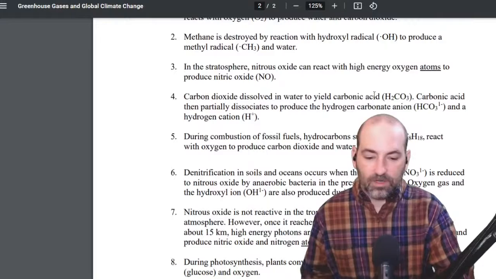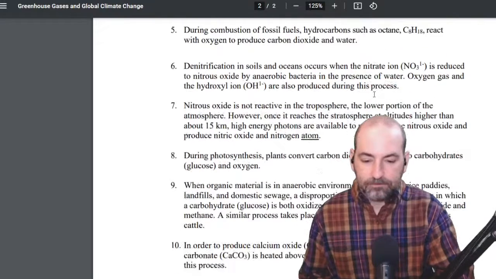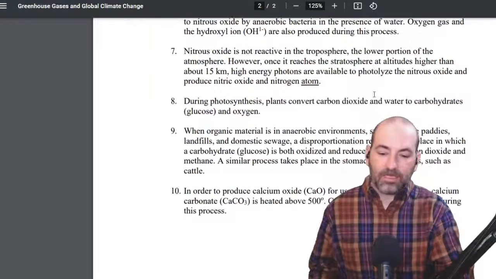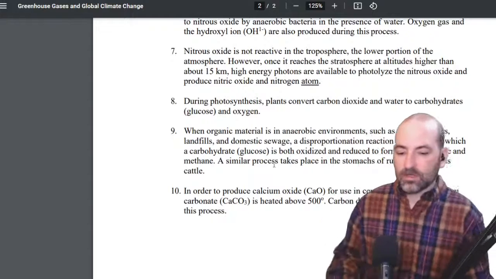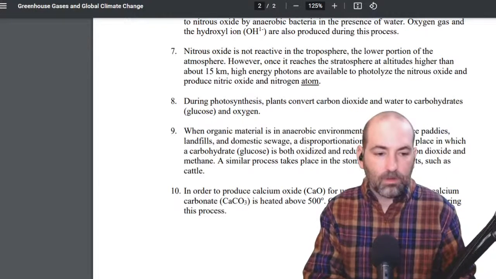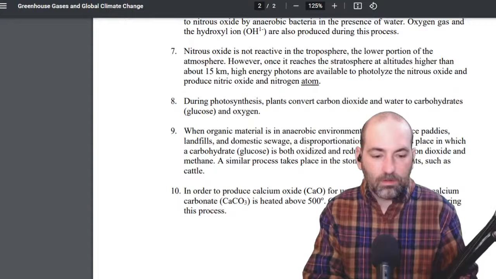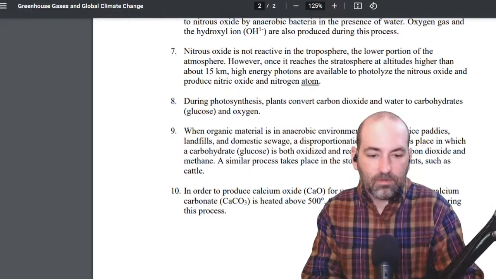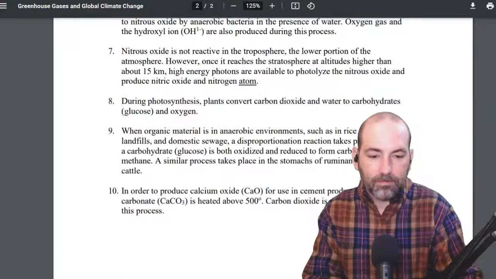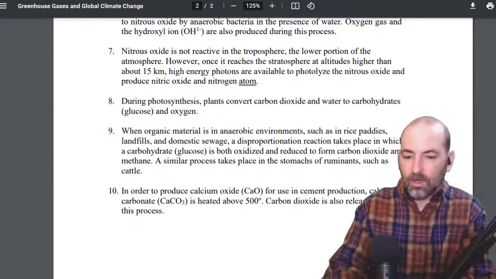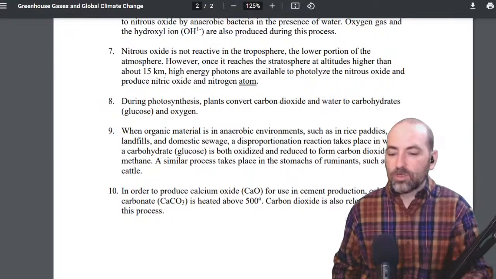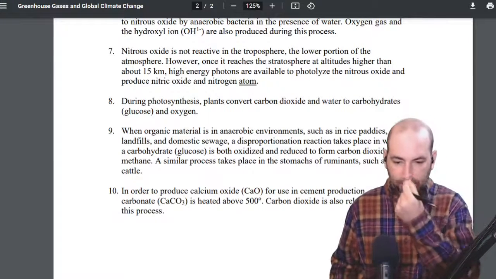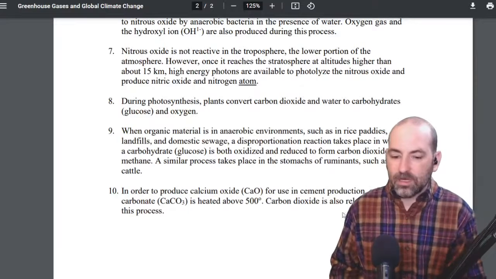So for example, let's look at the very last one. In order to produce calcium oxide for use in cement production, calcium carbonate is heated.